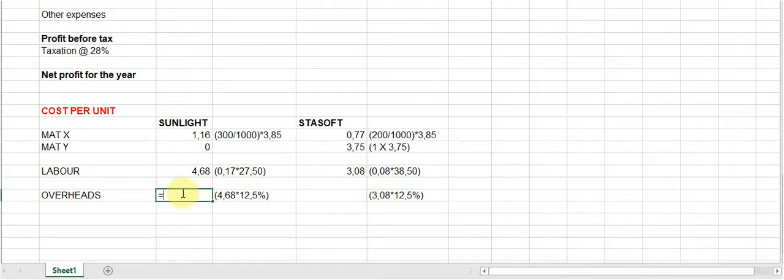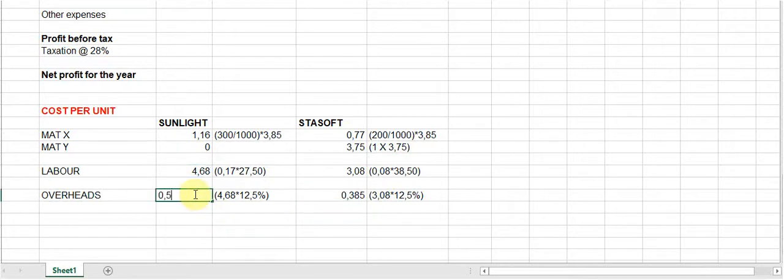Quickly doing that calculation. So it's this times 12.5%, and it's this times 12.5%. So as you can see, we end up with a figure that has 3 decimals.